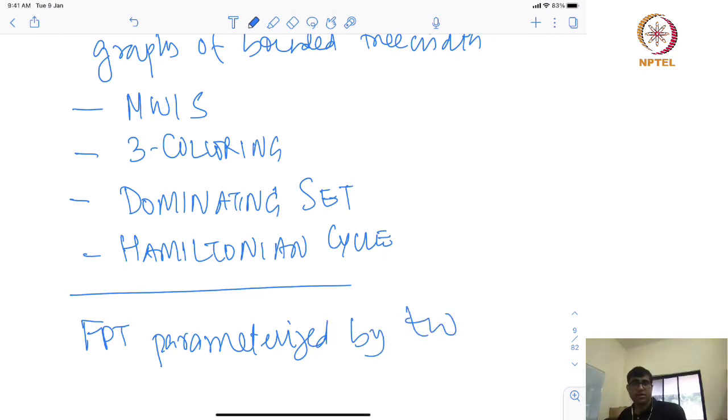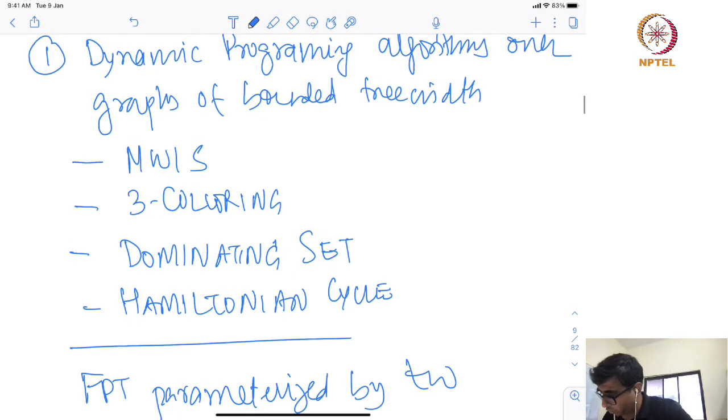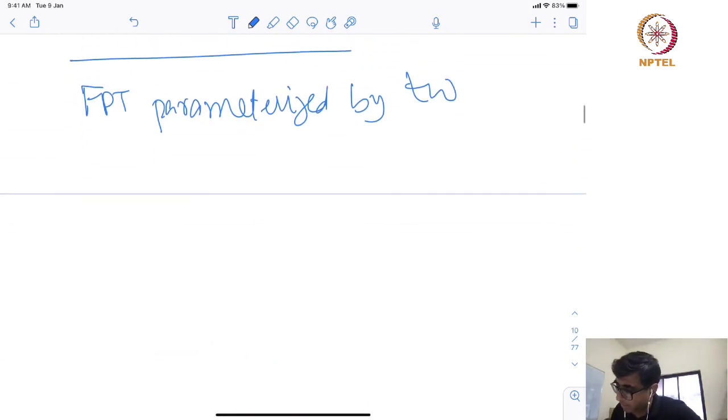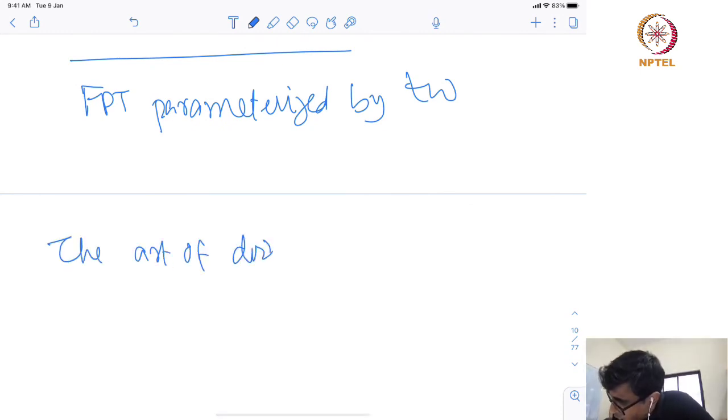So, yes, tree width is an interesting object, but one natural question arises: the art of doing DP looked very similar.